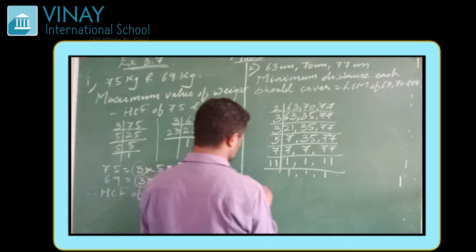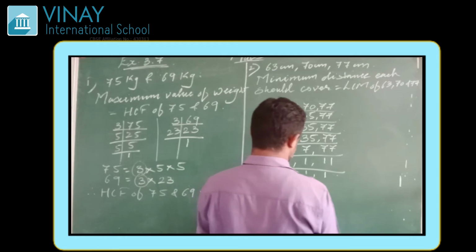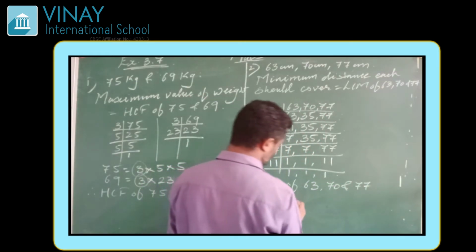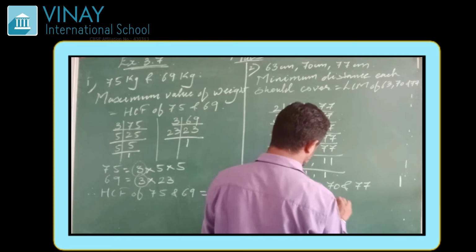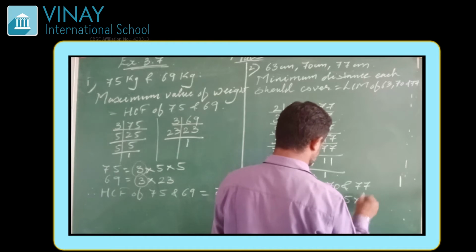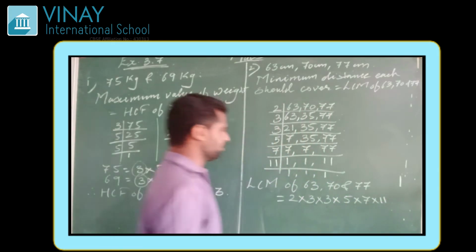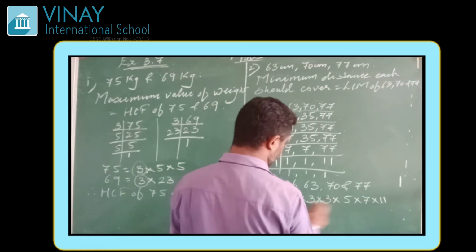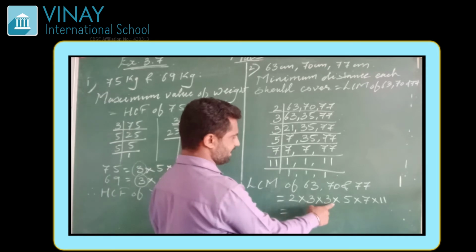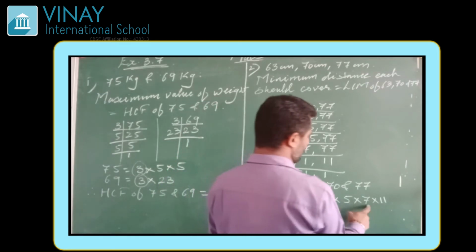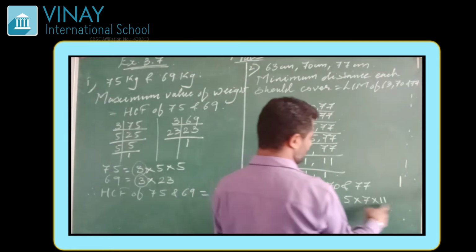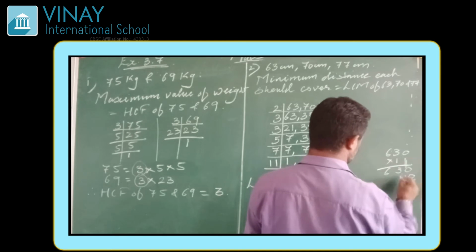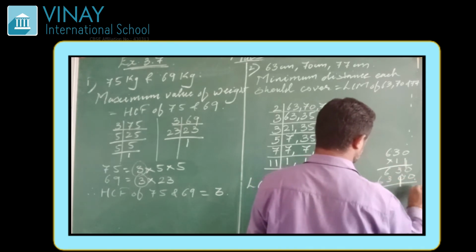So the LCM of 63, 70 and 77 is equal to 2 into 3 into 3 into 5 into 7 into 11. 2 3s are 6, 6 3s are 18, 18 5s are 90, 90 into 7 is equal to 630, 630 into 11 is 6930.